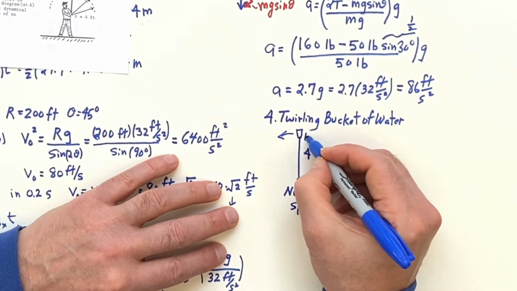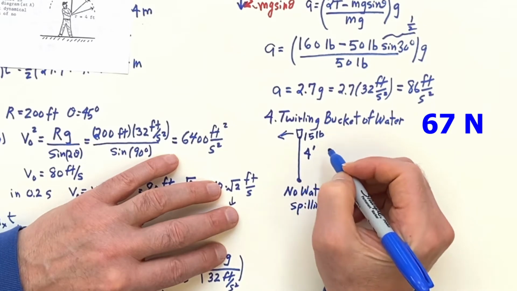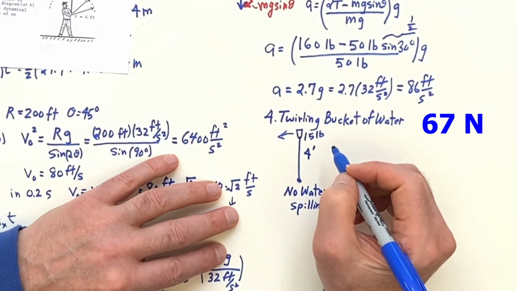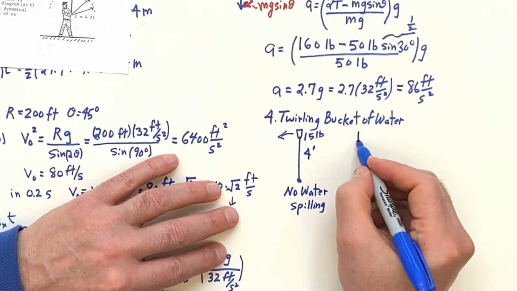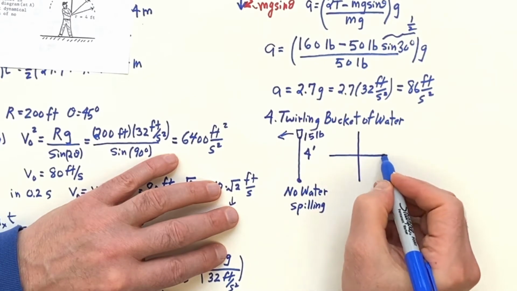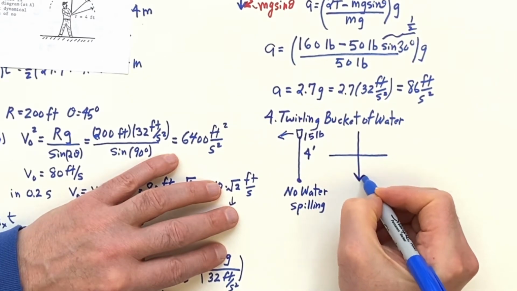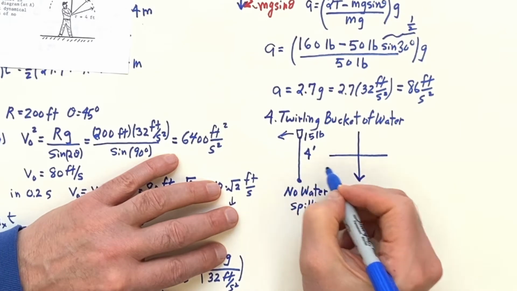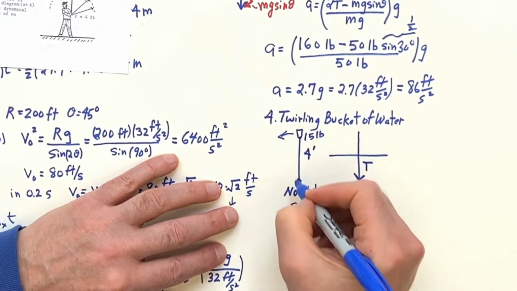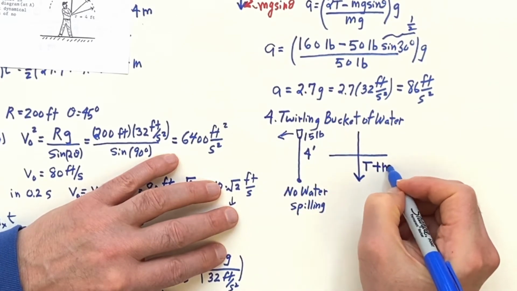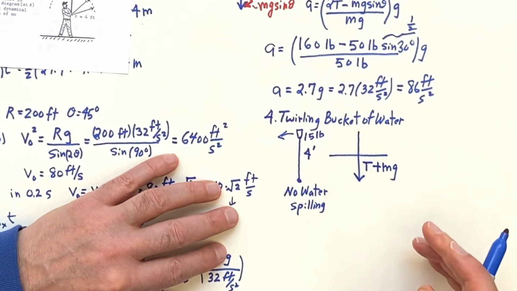And this thing here is 15 pounds. All right, so now the force diagram: we have here the rope, so we have the T, the rope, and we have the weight, mg.